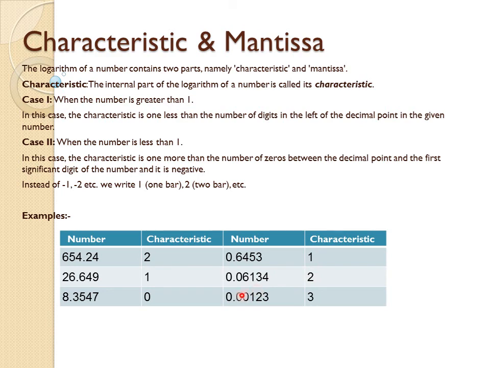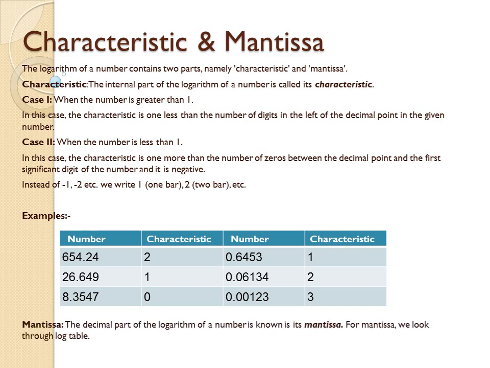And in the third example, 0.00123, 1 is the first significant digit, and that is coming after 2 zeros. So the characteristics is 2 plus 1 equal to 3. You have to remember this, because in some joint entrance examinations a special type of question sometimes comes, like how many digits are there in the log, something like that. So there we will use these types of formula.